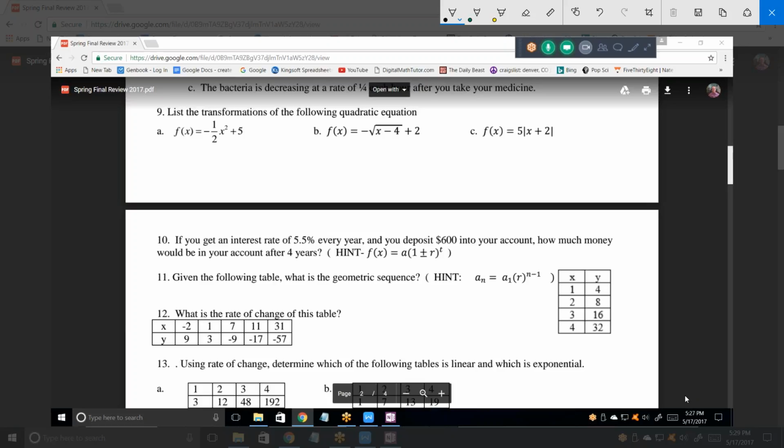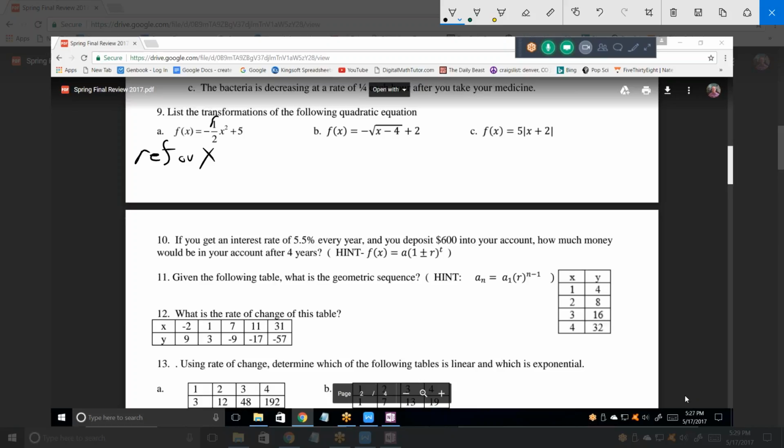Does that make it vertical or horizontal? That makes it vertical. A vertical reflection, picture it. That is a reflection over the x-axis, not the y-axis. In other words, you're taking that image and you're flopping it vertically. So, first thing we're doing is reflecting over x.